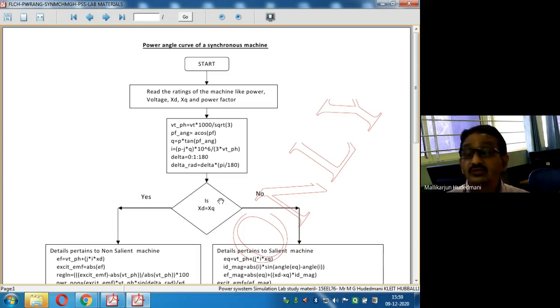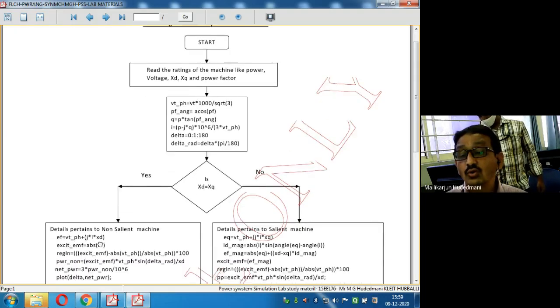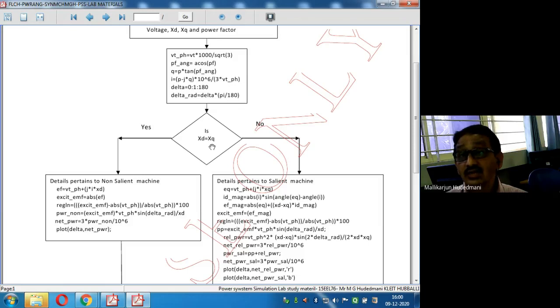Would you like to work for a salient pole machine or a non-salient pole machine? I take this difference by checking this way. Is xd, xq one and the same? By chance, yes, then your calculation should go according to non-salient structure of the pole. If your xd and xq are not equal, they are different, what would it mean? It is a salient pole machine. You have a quadrature axis, you have a direct axis, and your calculation style will be different.